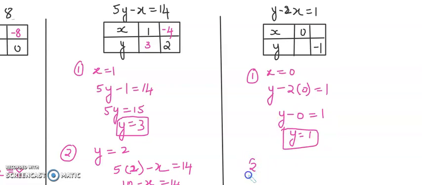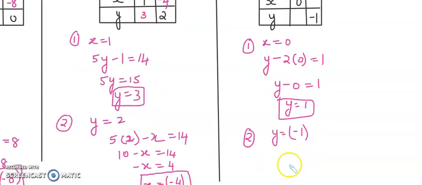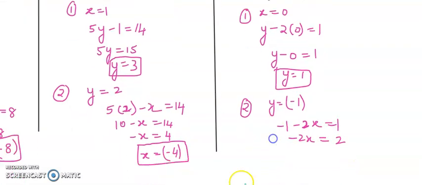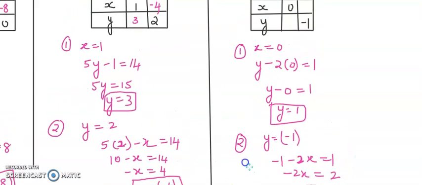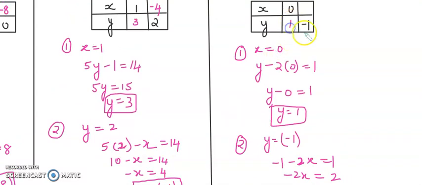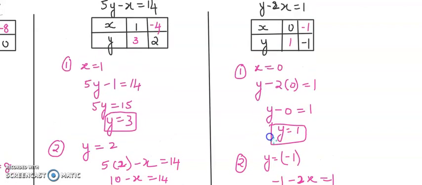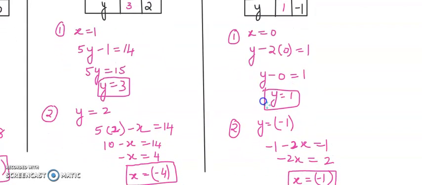The next, if I take y equals minus 1: minus 1 minus 2x is equal to 1. So minus 2x is equal to, this minus 1 goes there and is added up, so 1 plus 1, 2. So x is equal to minus 1. Clear? So when x is 0, y is 1, and when y is minus 1, x is also minus 1. You can check it.